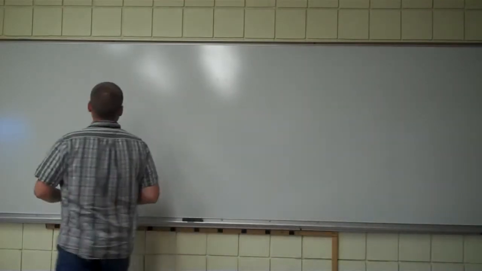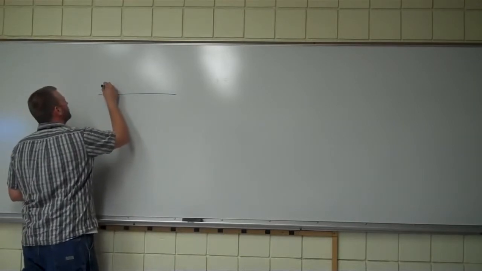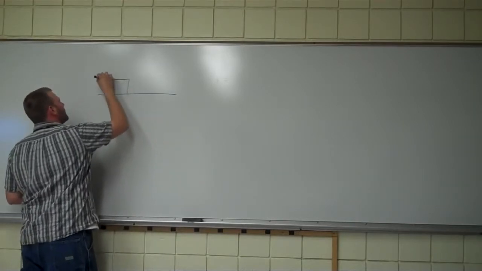We went through wavelength, near field, and beam spread. That was pretty easy stuff. Now the last one, just to give you a little picture, we're dealing with Snell's Law.